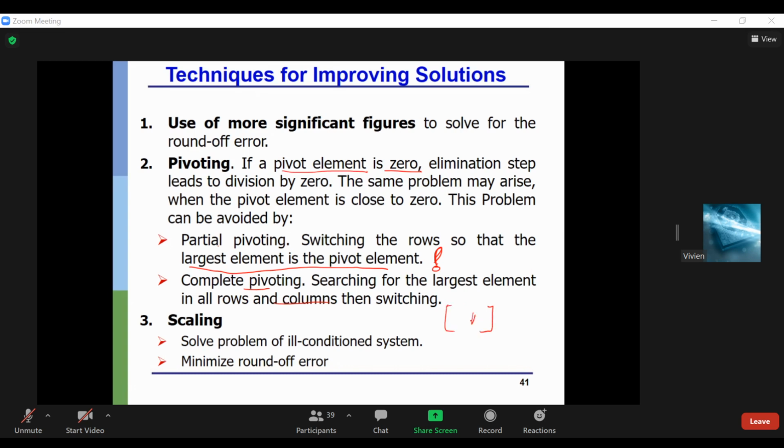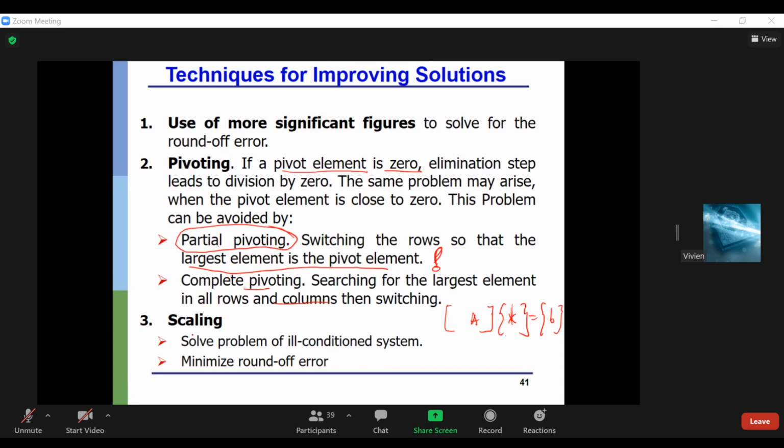If we have A multiplied by X, changing the column means that we are also changing the order of the unknown vector X. That's why complete pivoting is not very common, but partial pivoting, most of the time we need it to ensure that we have a good solution.